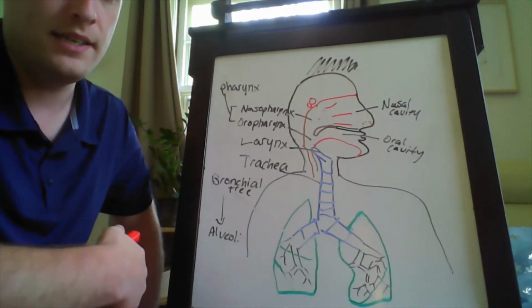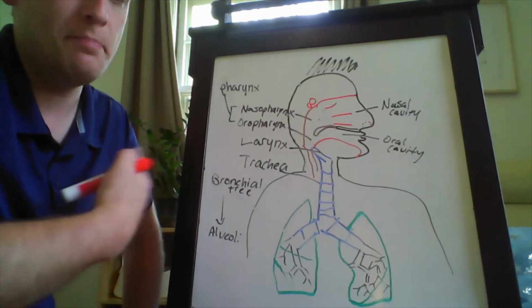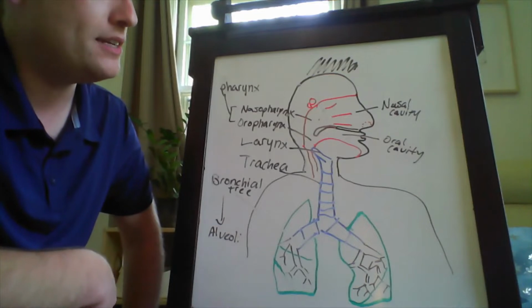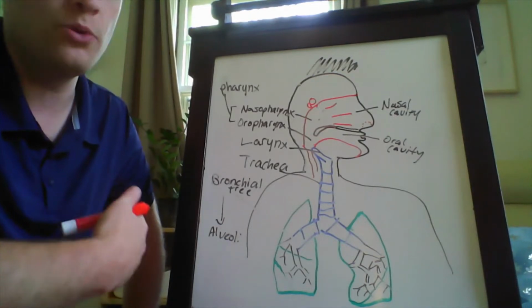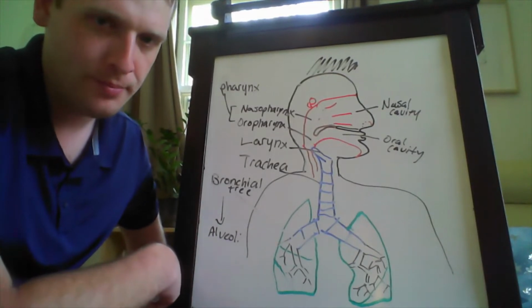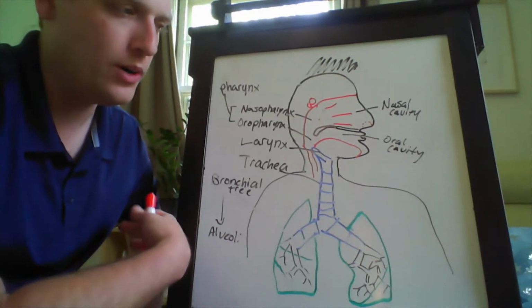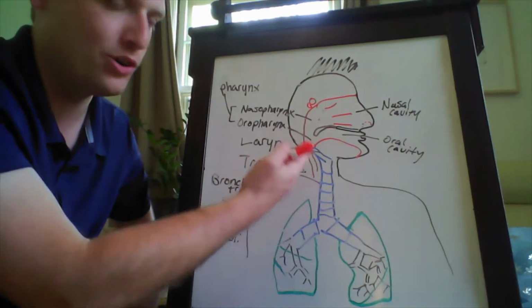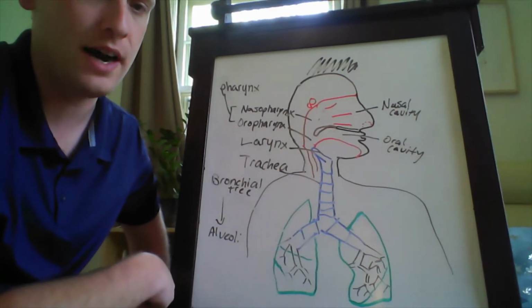What that means is the air is going to be bouncing around off the walls inside that nasal cavity. And the more it bounces around, the more opportunity there is for the nasal cavity to trap dirt, debris, whatever you might be inhaling that's not meant to progress into the lower respiratory tract.